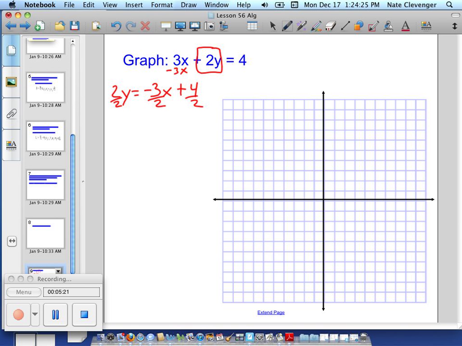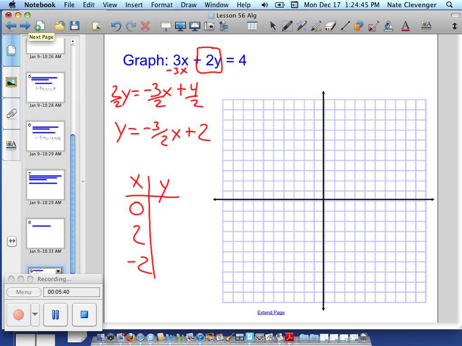So your new equation for this problem is y equals negative 3 over 2 x plus 2. Then we can take values for x, plug them in, and I'm going to use x as 0, 2, and negative 2, and I'm using 2 because the denominator is 2.